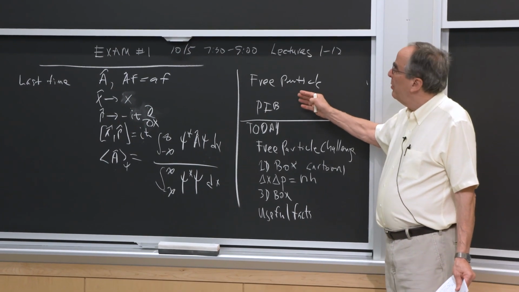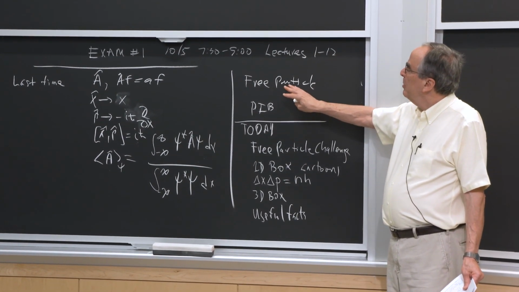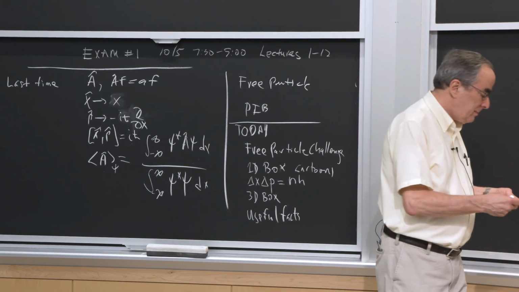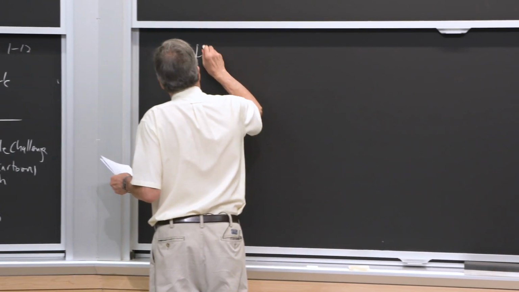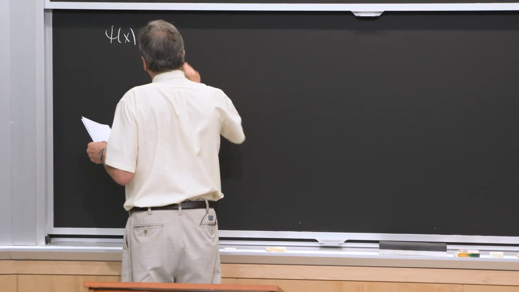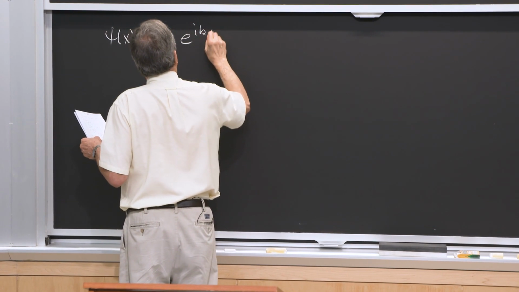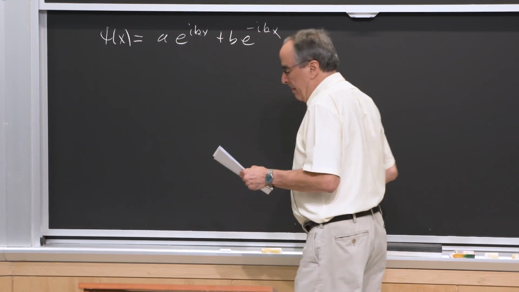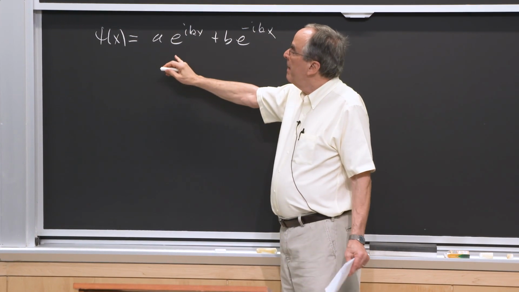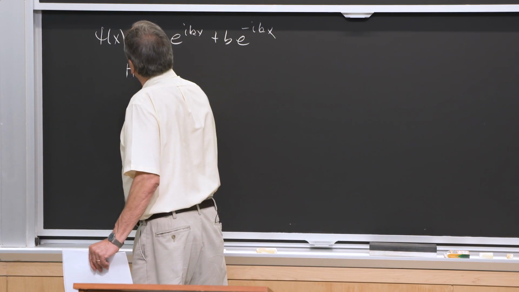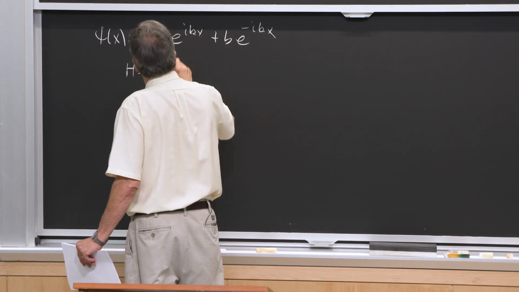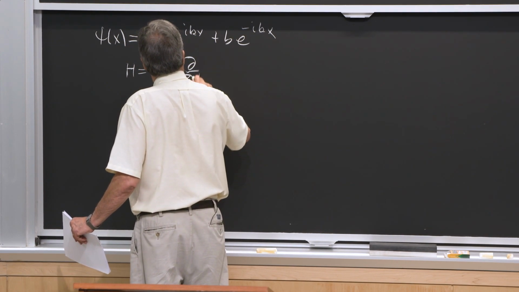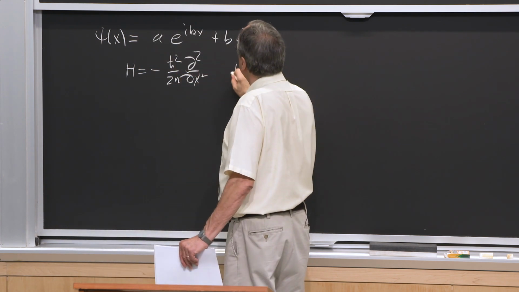Then we went to our first problem in quantum mechanics, which is the free particle. The free particle has some idiosyncrasies. The wave function for the free particle has the form e to the i kx plus e to the minus i kx. And the Hamiltonian is minus h bar squared over 2m, second partial with respect to x, plus V0.